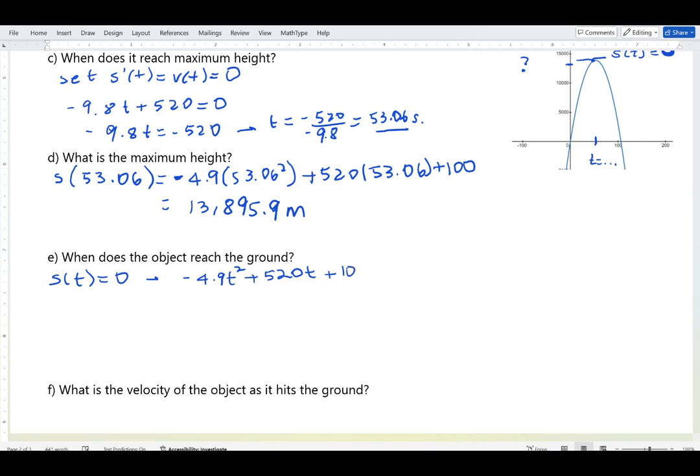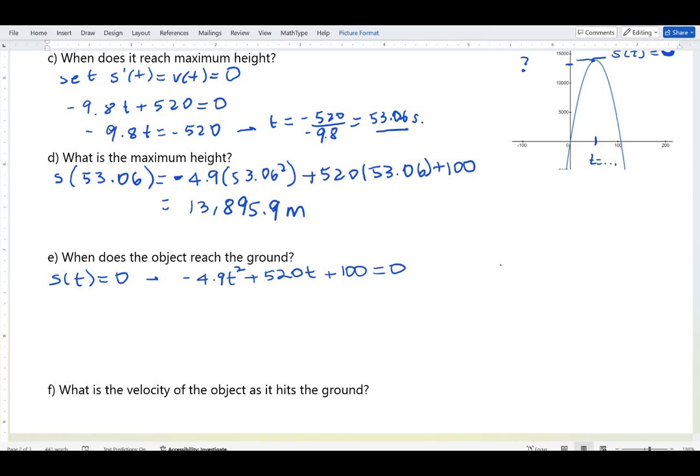That was the original s of t, and we set that equal to 0. Now we notice that this is not going to be as easy to solve as the first problem we did in our first example in the other segment, because the other one didn't have the third term. This one has all three terms of your quadratic equation, and when the numbers are messy, I don't even bother trying to factor. I'm just going to go directly to the quadratic formula.